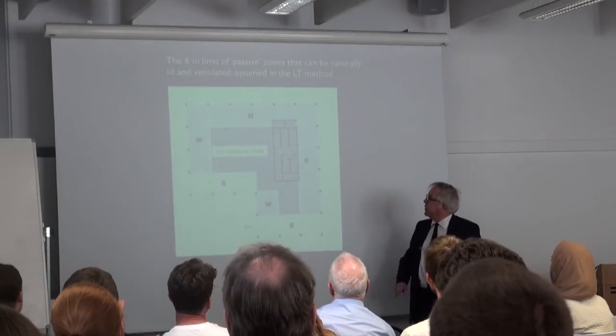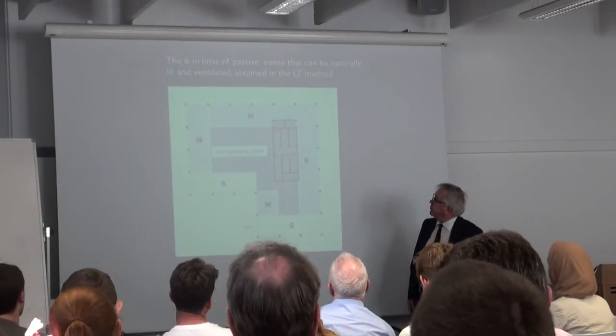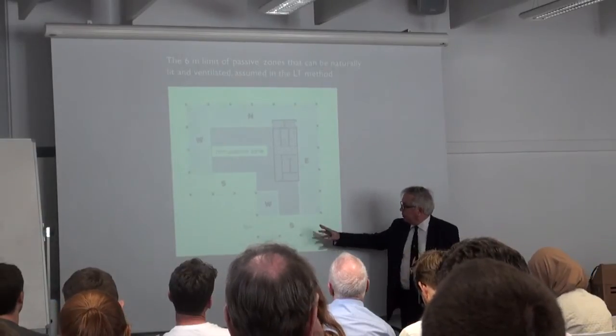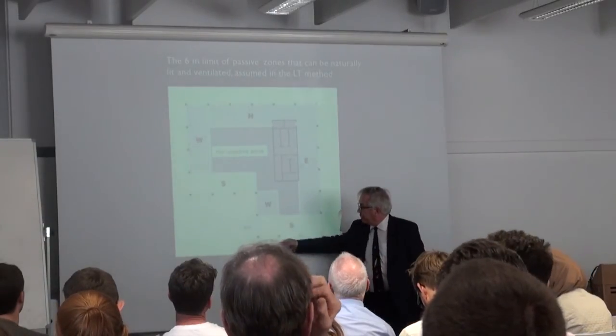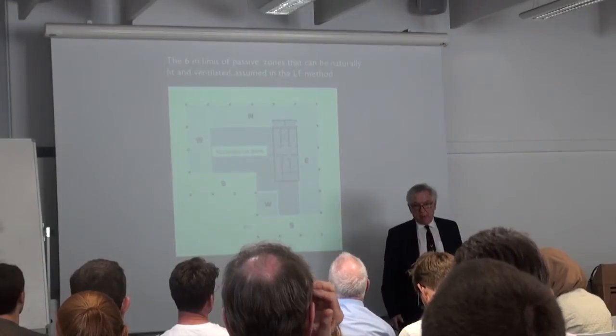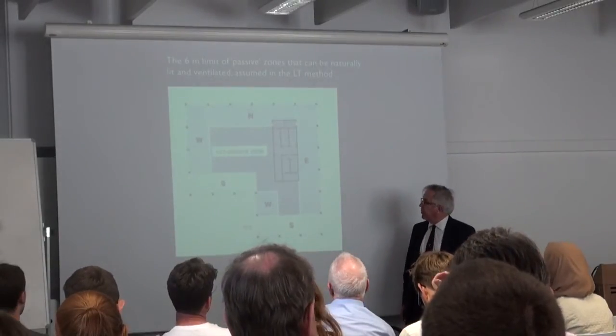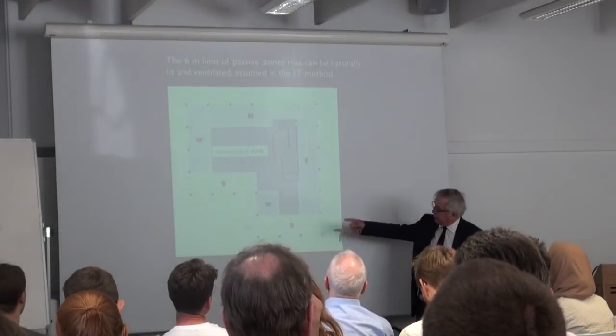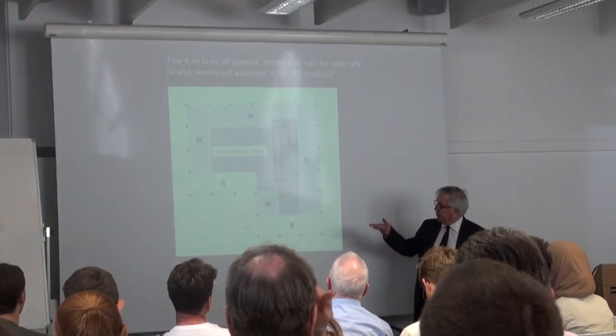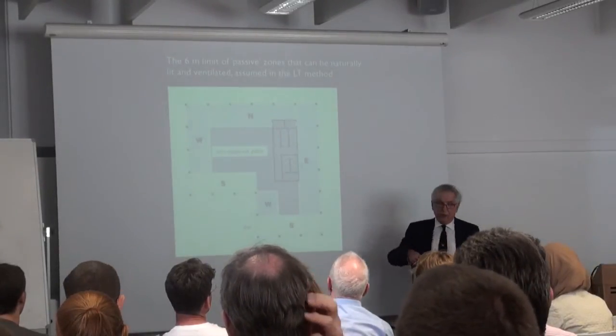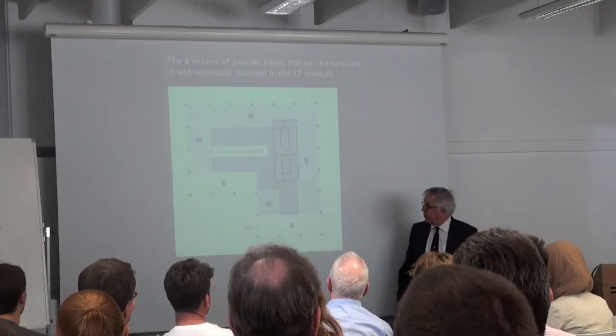The passive zones are those which can be naturally lit and ventilated. And the limit that they set as a default is 6 meters, which is twice the typical story height. And so again, you get 6 plus 6 plus 2 would give you about 14, 15 meters for a building that could be totally naturally lit and ventilated.